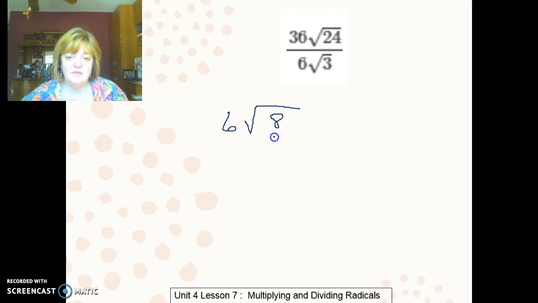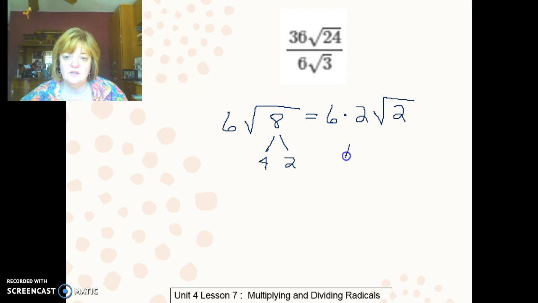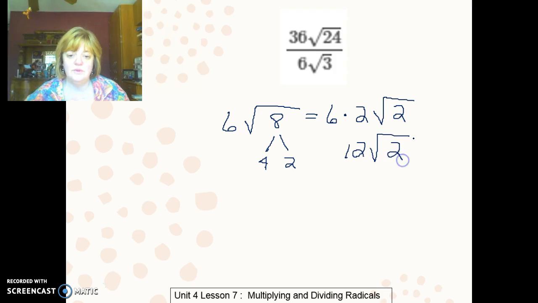In 8, the factors are 4 and 2. And again, we get that wonderful perfect square 4, which gives us 6 times 2, because we took the square root of 4. Under the radical is still the 2. So our final answer for this one is 12 square roots of 2.